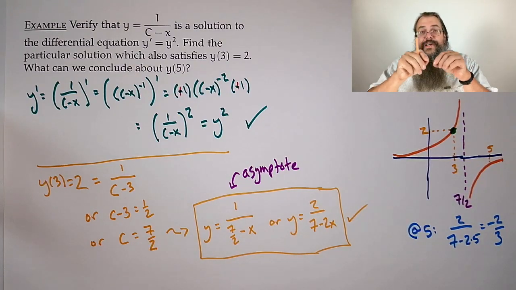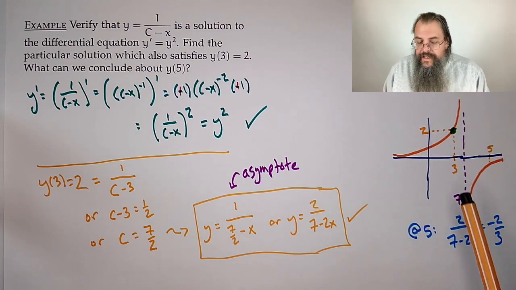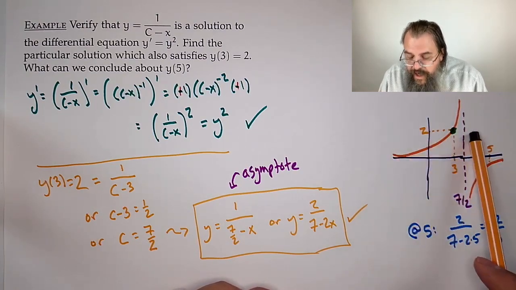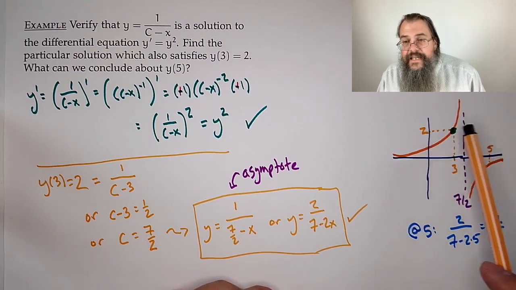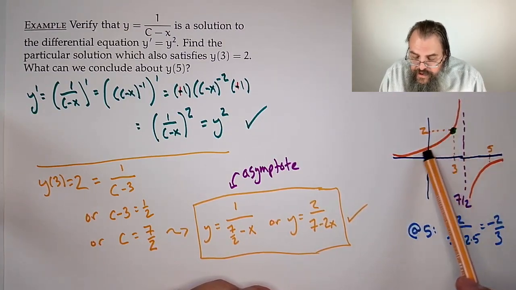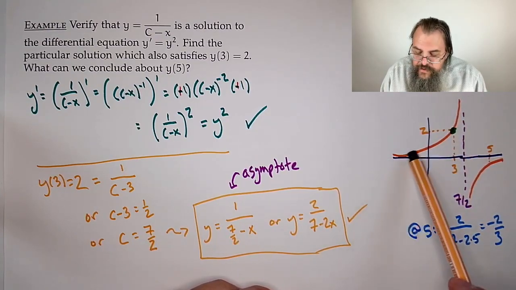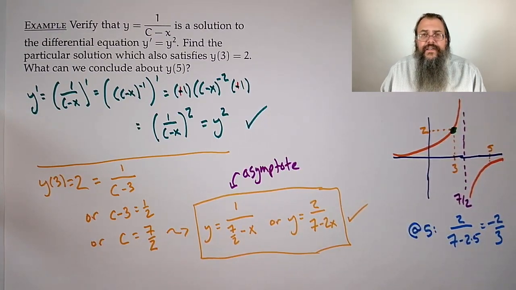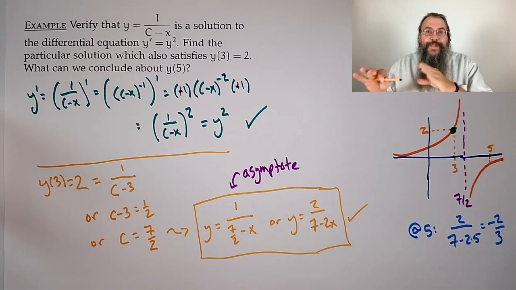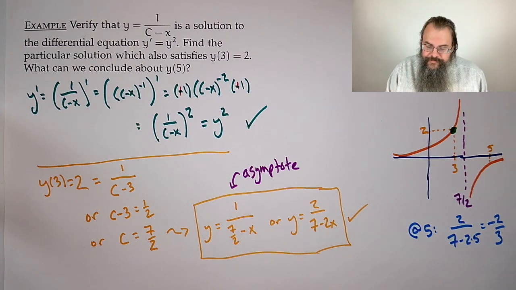There's no connection. And therefore, our solution stops at 7/2. We can't get over this asymptote. But we can move along the curve to the left of 7/2. And there's no other issues. We'll talk about some other issues that might occur, but for this function, it's a very nice function.